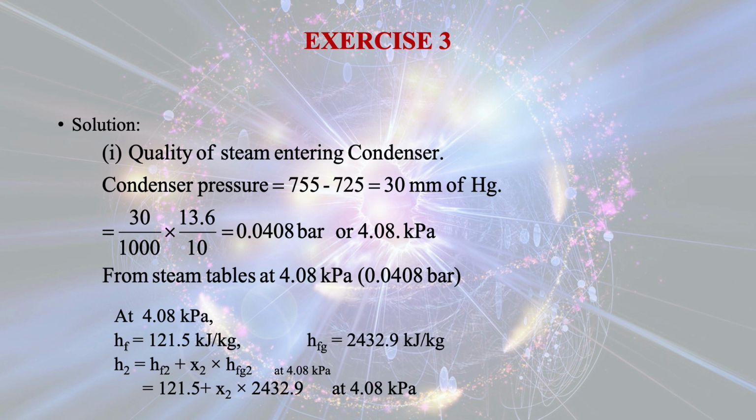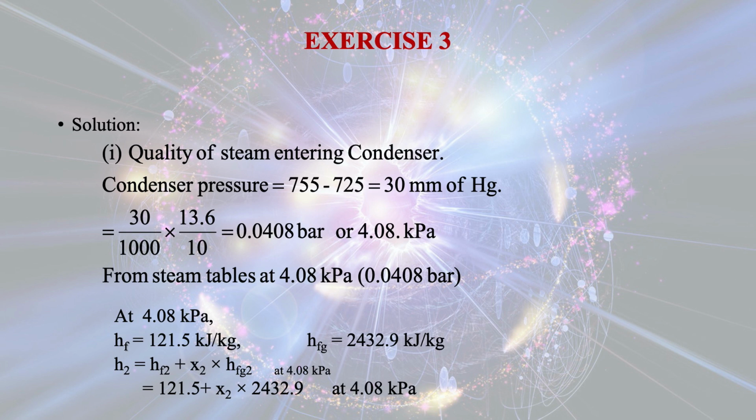From steam table at 4.08 kilopascal or 0.0408 bar, the enthalpy at the liquid line, HF, is given as 121.5 kilojoule per kg. HFG you can get from the steam table at 4.08 kilopascal, and this is equal to 2432.9 kilojoule per kg.